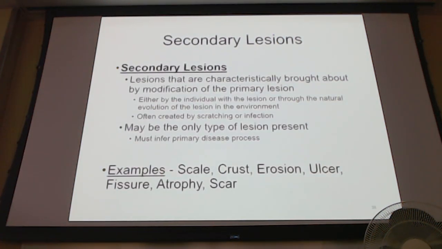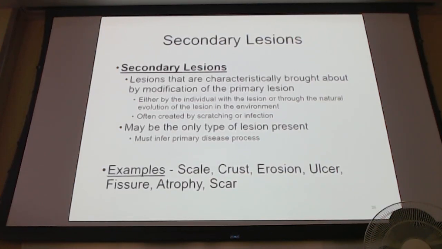Secondary lesions are brought about by modification of the primary lesion, either by the individual or the lesion, or through the natural evolution of the lesion in the environment, often created by scratching or infected. Examples: you can have a scale, a crust, an erosion, an ulcer, a fissure, atrophy, a scar.